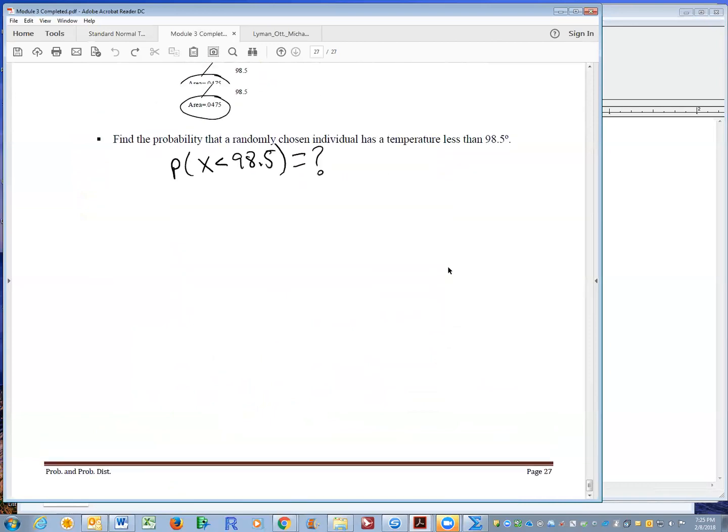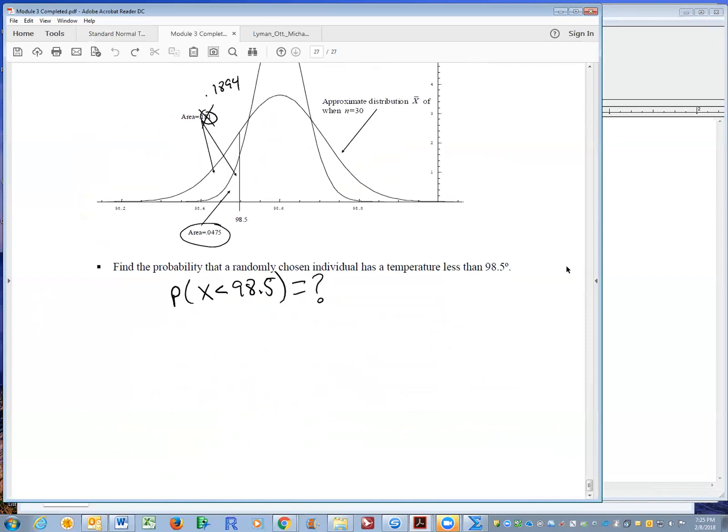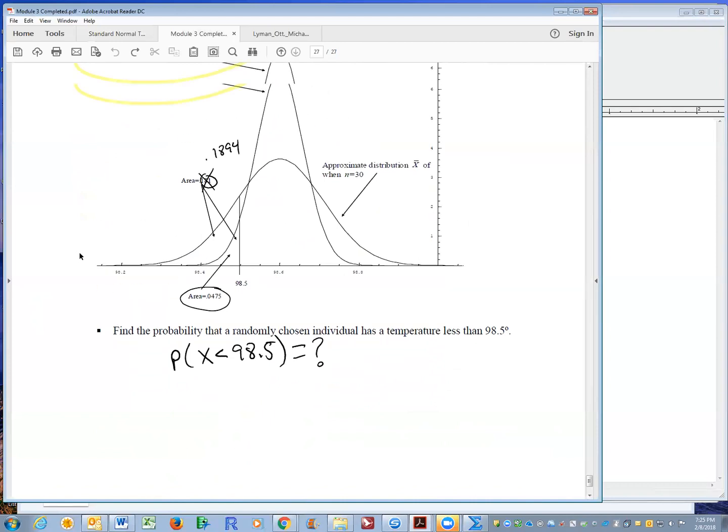Dr. Riggs, I have a question. Yes. So I think part of my problem where I'm getting tripped up is I understand how to standardize and find Z and use the chart. But I think part of my problem is when I'm reading the questions, I'm not sure what formula to use.